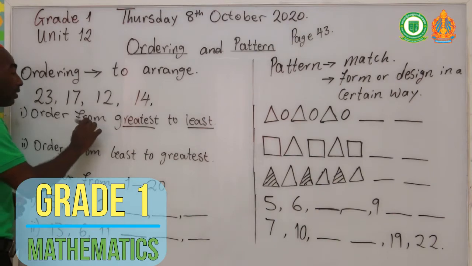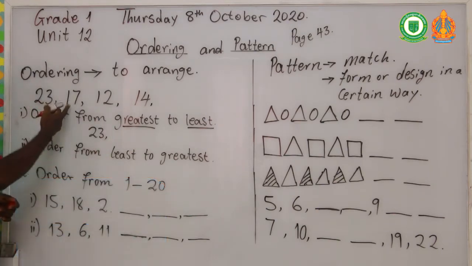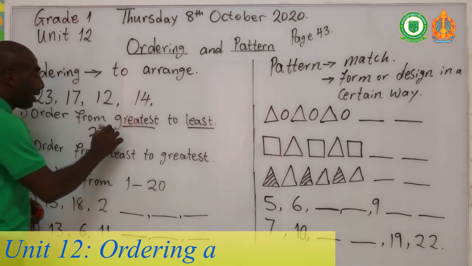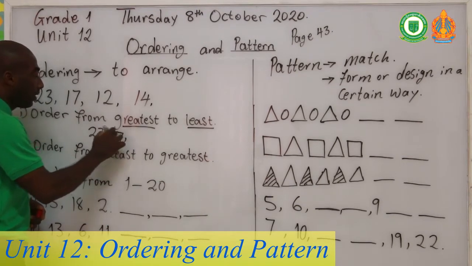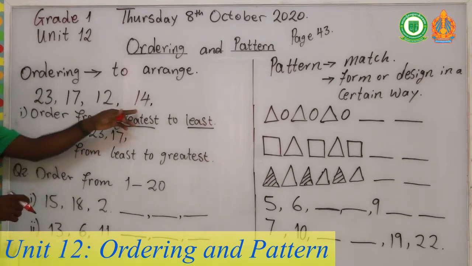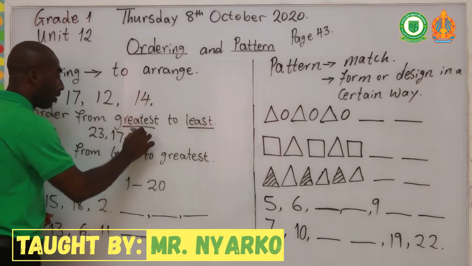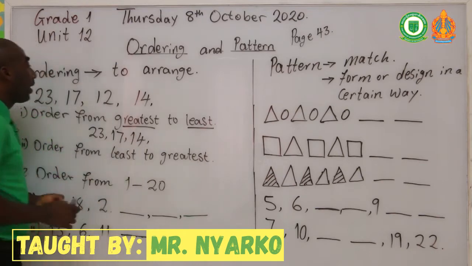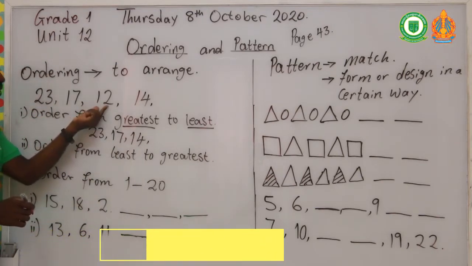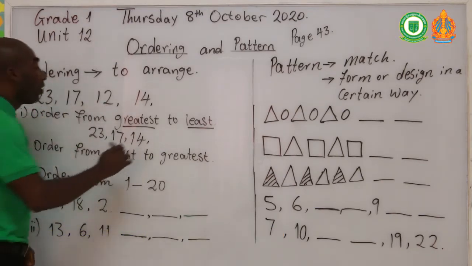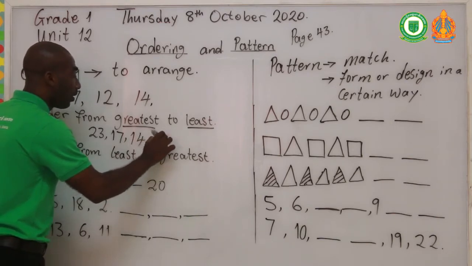Okay, so we write 23, and then 17 will also be the next one that we have to write. The next one will be 14. Okay, and then the last one, which is the least of all, will be 12.